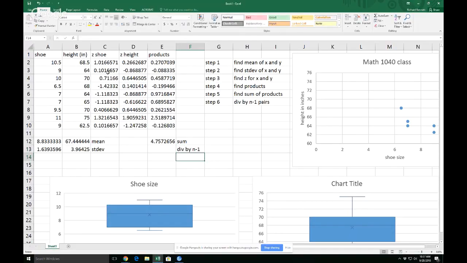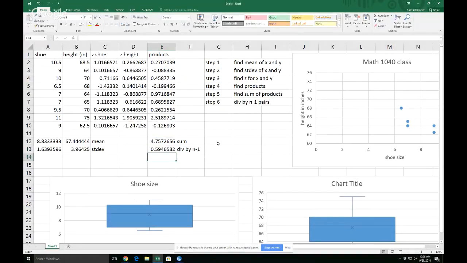Now my question is, is my n 9 or 18? It's 9, right? It's the pairs. We've got 9 pairs going on here, right? So we're going to divide by, in this case, 8. 9 minus 1 is 8. Divided by 8, I get 0.59.